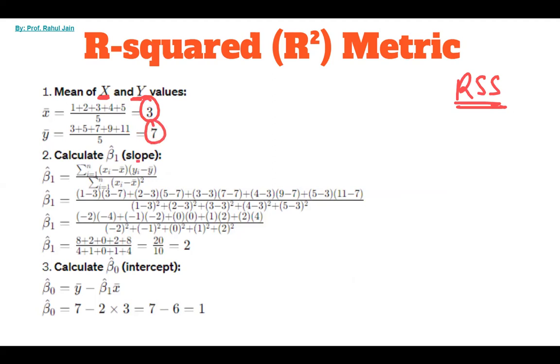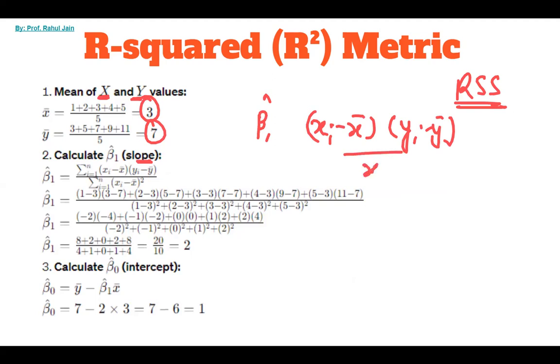So we are going to calculate the slope first, that is beta 1 cap. The formula is given: sum of xi minus x bar, that is the observed value minus the mean value, into yi minus y bar, that is the observed value minus the mean value, and we need to divide it by the sum of xi minus x bar whole square.